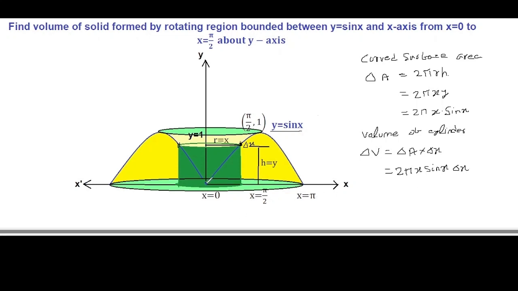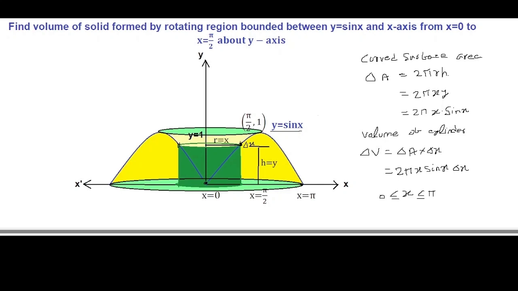And here you can see x is varying from 0 to pi. So to get the volume of the entire solid, we need to integrate it from x equal to 0 to x equal to pi.